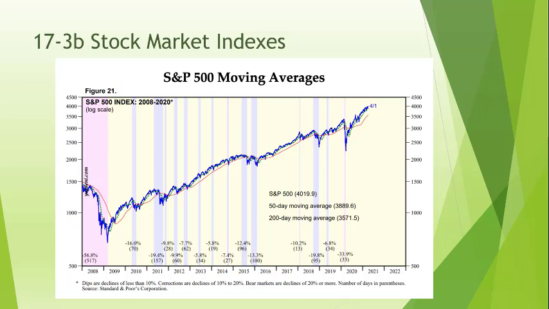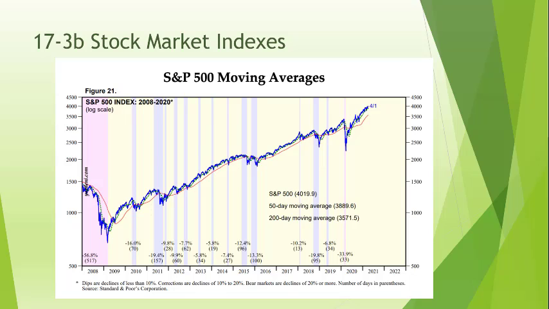Now in the most recent downturn, which was in 2020, we saw a big downturn, and it was very, very, very rapid, very sharp, and you can see it's that shaded line there, pink. So the pink areas coincide with recessions, and it was a 33% fall in the S&P 500.